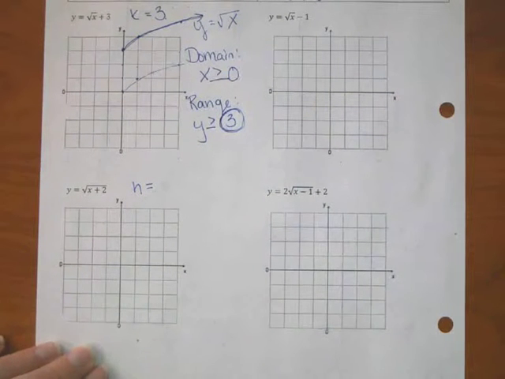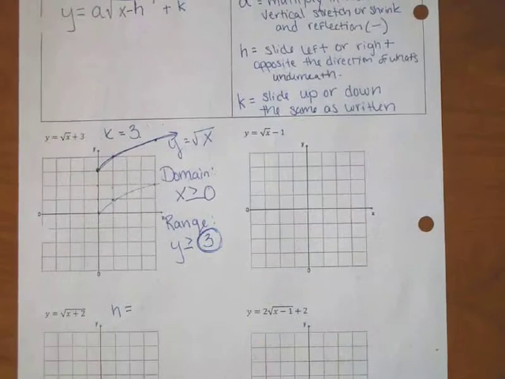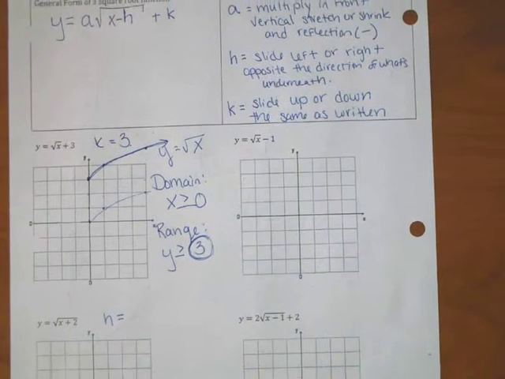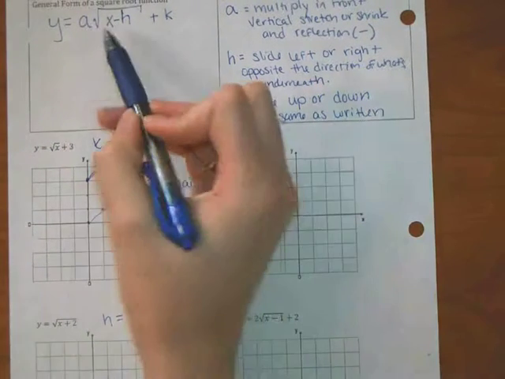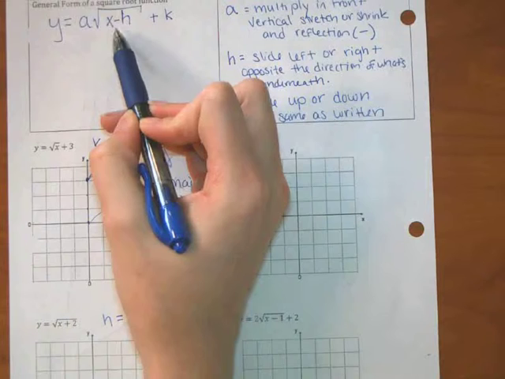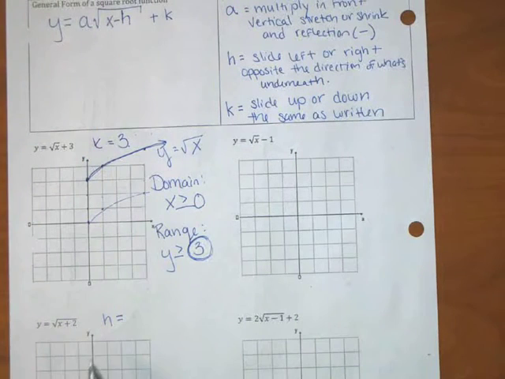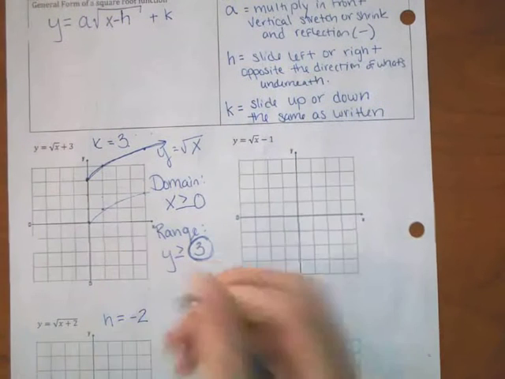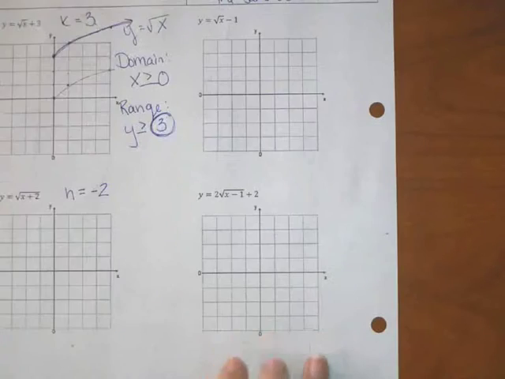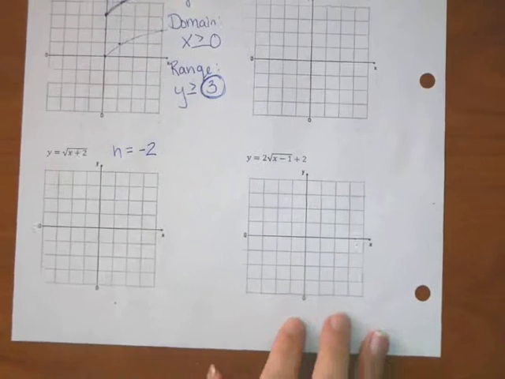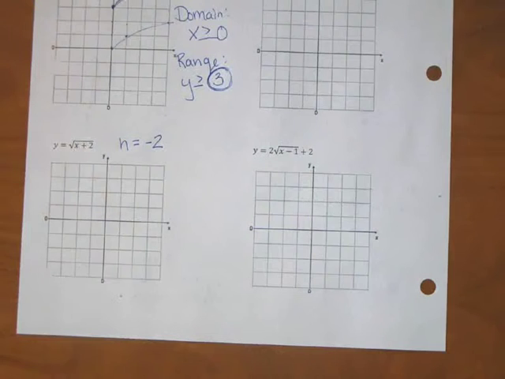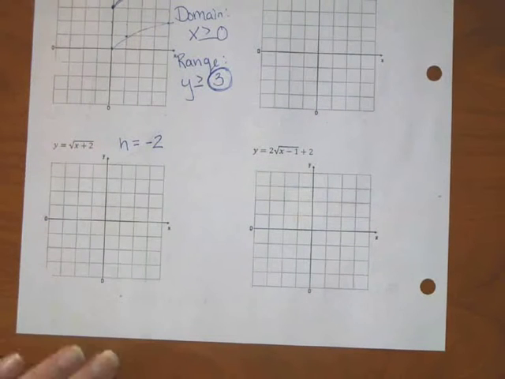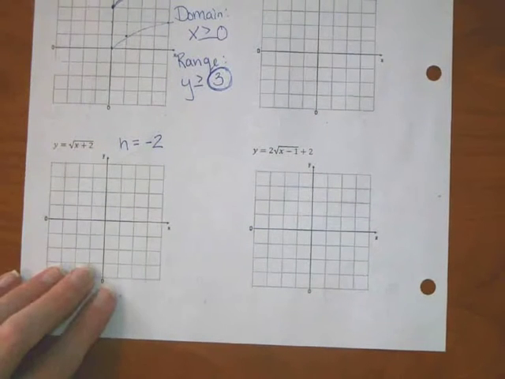I've heard -2 and I've heard +2. This is why the h's are confusing. You have to be really careful with sign. In this function, I have a positive sign, so what do I need to put into h to get a +2? -2. So h is -2. It's the opposite as written. It's very confusing. Absolutely agree with you. So you have to be really careful and remind yourself of that.